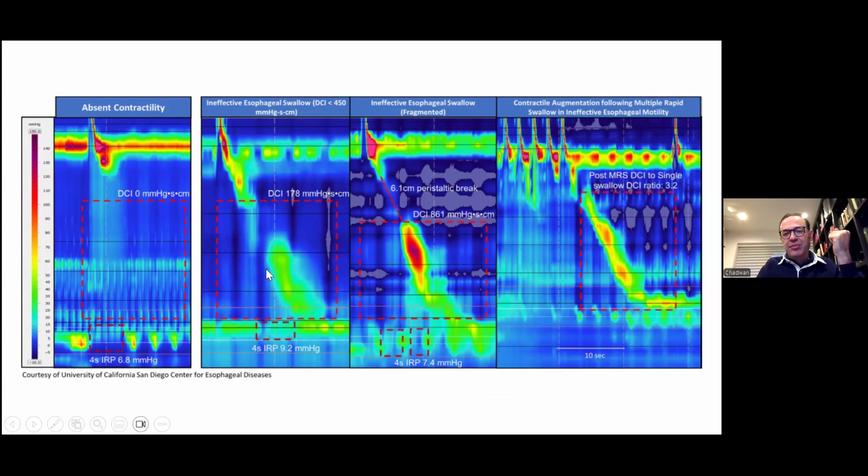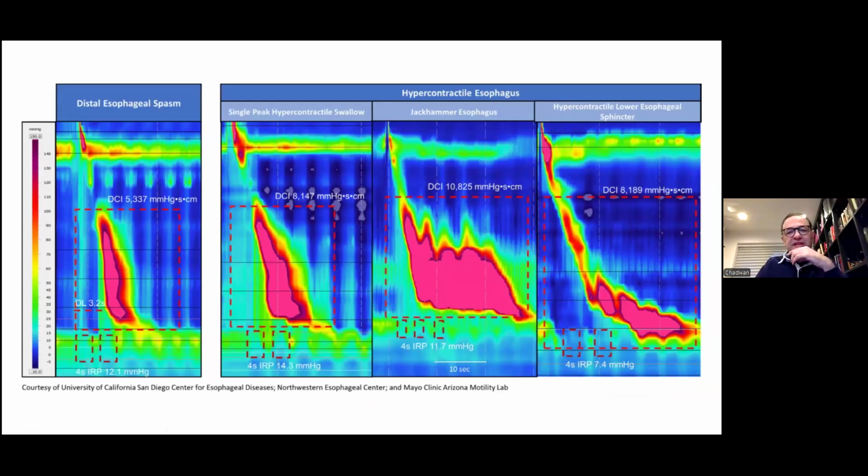So you can see things like peristaltic breaks, etc. So there are various different categorizations for esophageal dysmotility. And in contrast, if you have a normal opening but raised pressure rather than low pressure, then you're looking into distal esophageal spasm, jackhammer esophagus, etc.